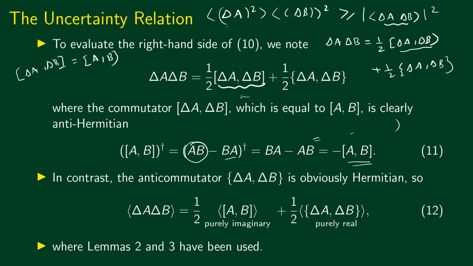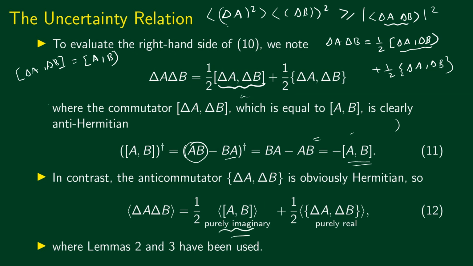So we can now write the right hand side. The expectation value of delta A delta B can be written as half the expectation value of the commutator of A and B plus half the expectation value of the anti-commutator of delta A and delta B. Now from lemma 2, or lemma 3, we know that the expectation value of an anti-Hermitian operator is purely imaginary.